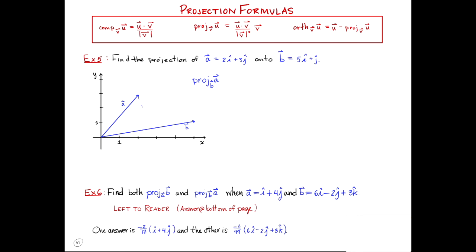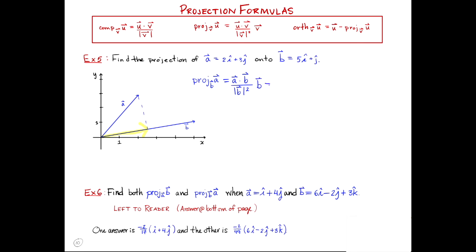If we were to sketch that very roughly, it would look something like that vector. That is equal to a dot b over the magnitude of b squared, and since our projection lies along the vector b, we multiply this by our vector b.